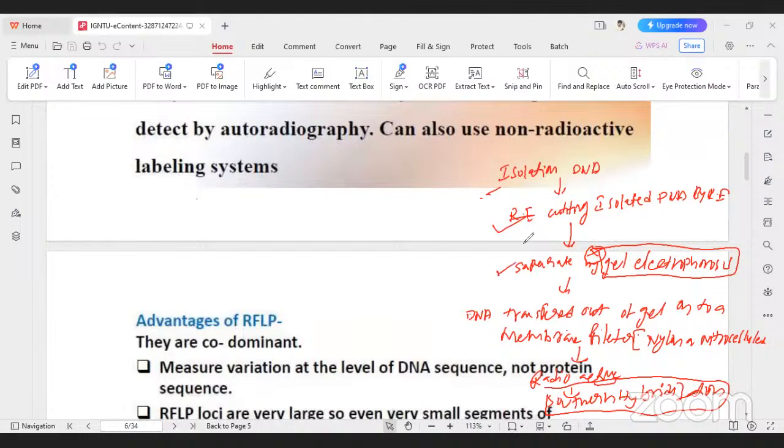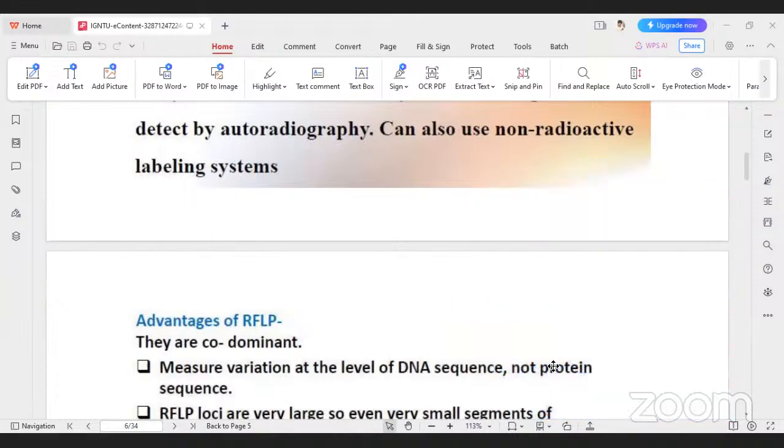The isolated DNA is separated by electrophoresis gel and transferred onto membrane filters, nylon or nitrocellulose. Later, adding radioactive probes, Southern blotting, Southern hybridization. So these are the important steps in RFLP. But in this, what is the mechanism in agar gel activities? Let's see.